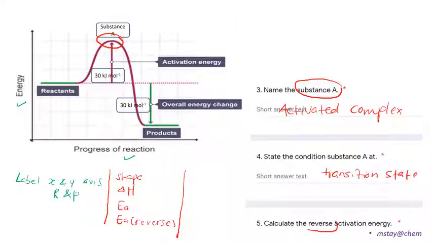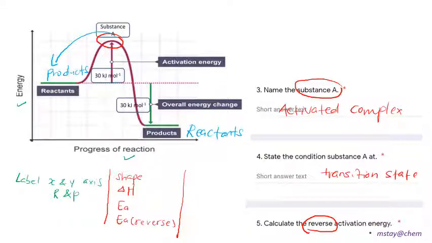Calculate the reverse activation energy, which means that we have to treat the reaction as reversed. So at this moment, this part here will become the reactants, and the reactant needs to climb up this peak so that it will become the products over here. So this is called the reverse reaction.